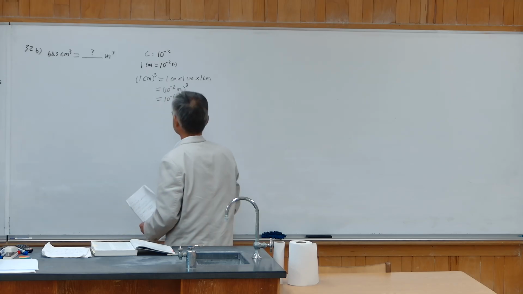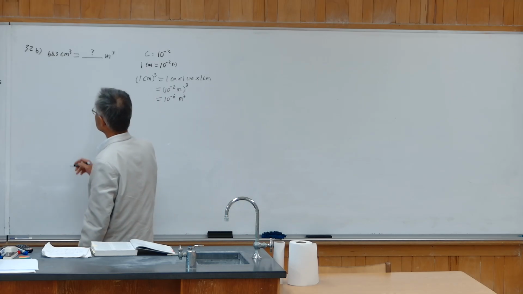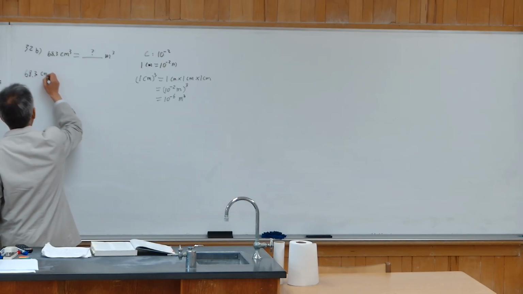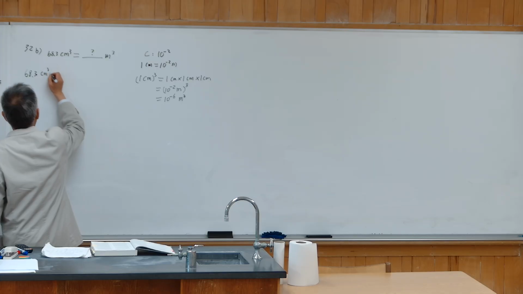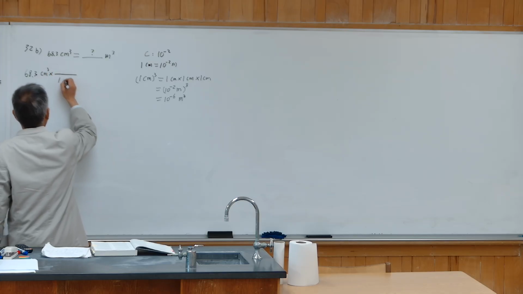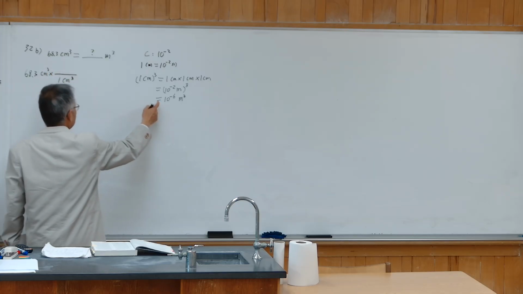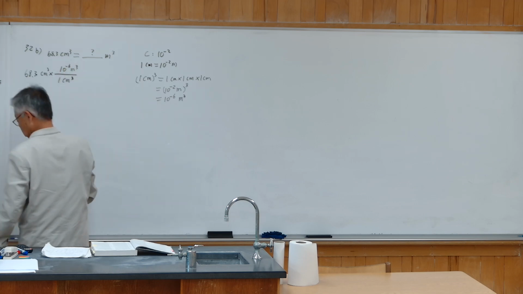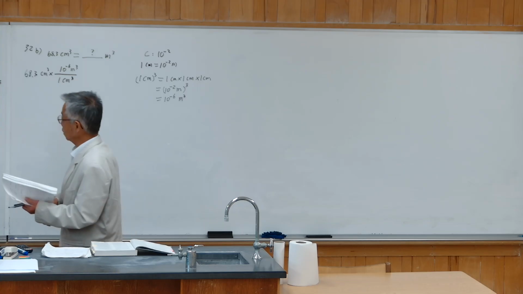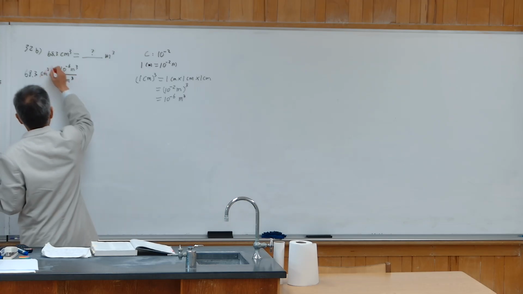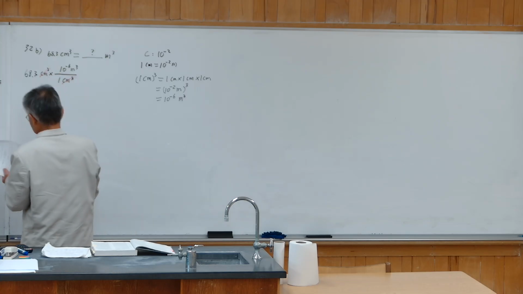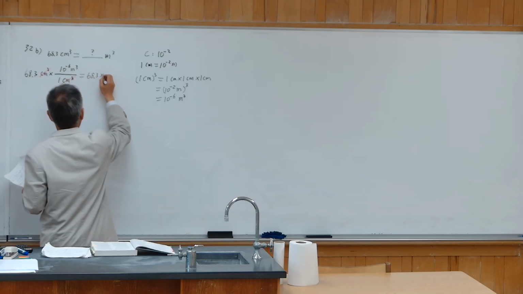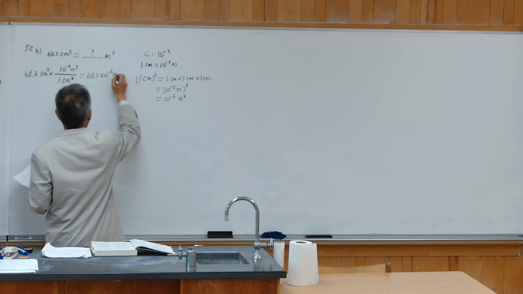Okay. So your calculation will be 68.3 cubic centimeters, and 1 cubic centimeter is 10 to the negative 6 cubic meter. In this way, the cubic centimeter cancels, leaving cubic meter: 68.3 times 10 to the negative 6 cubic meter.